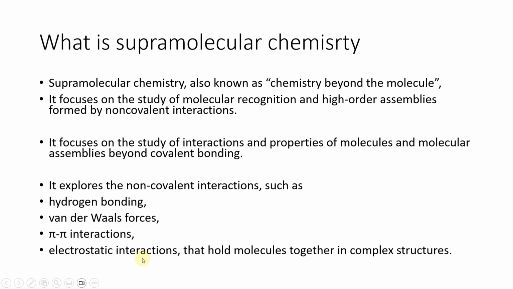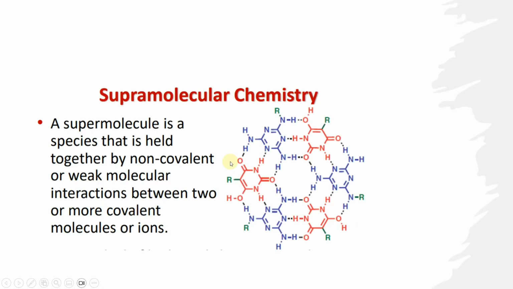So all types of non-covalent interactions are going to be discussed in supramolecular chemistry. In supramolecular chemistry, the focus is on the study of interactions and the properties of molecules and molecular assemblies beyond covalent bonding.